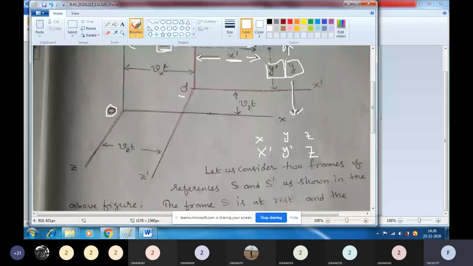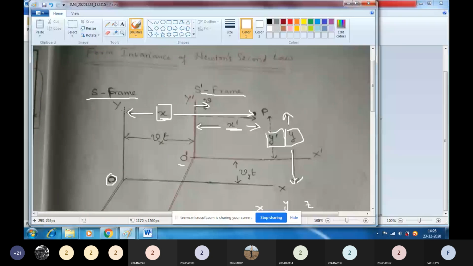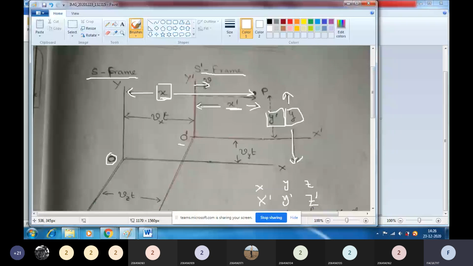Now what is x here? Refer back. x is the distance between the first frame and the point P. Now what is x dash or x prime here? x prime is the distance between the second frame and the same point P. Now similarly, the other two, y and z.